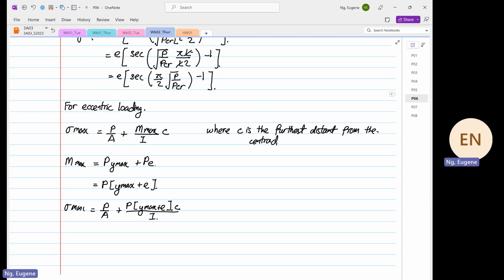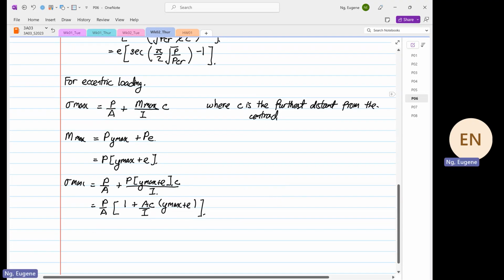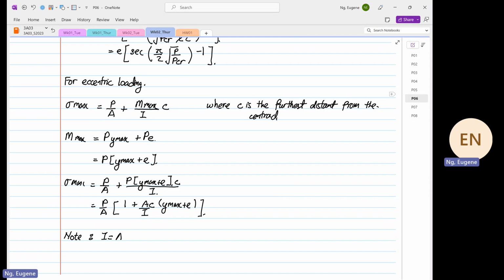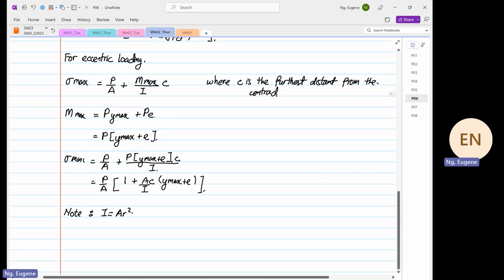I can take out P over A from here. So P over A times 1 plus, I've taken out P already, so this is A over I, then multiplied by C, and then we have our Y max plus E. From what we have spoken before, I is equal to A R squared, and R is our radius of gyration.